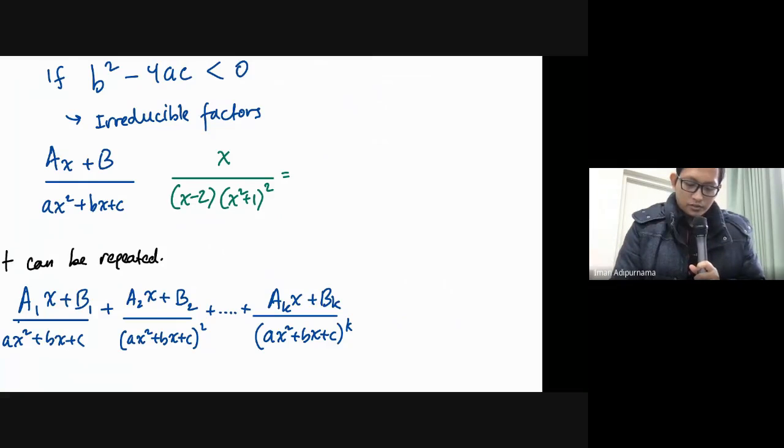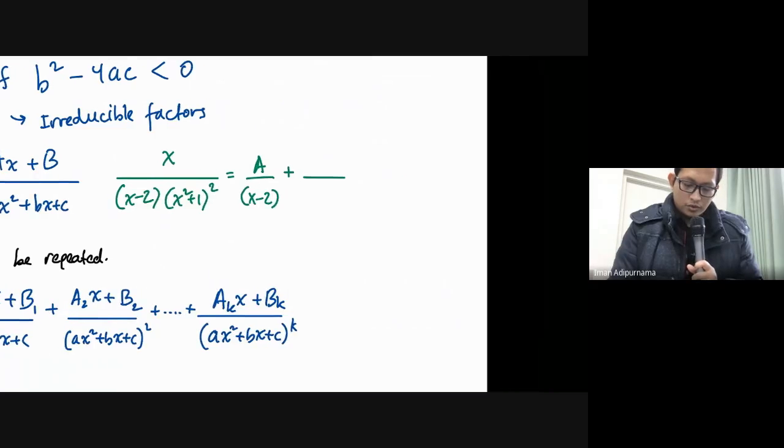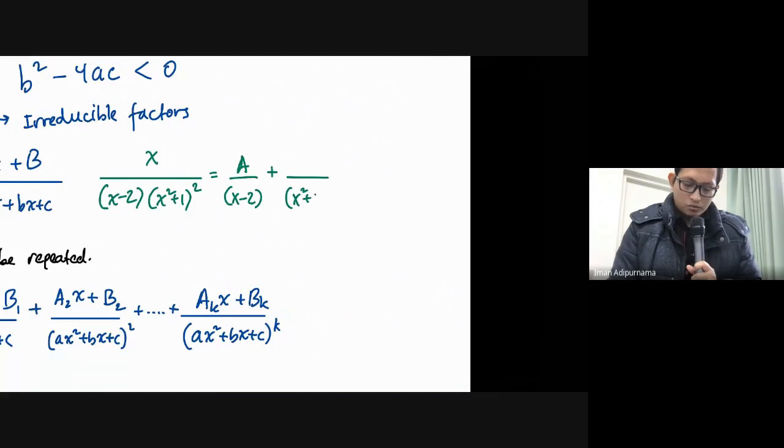So you can write down x minus 2, and then you will have x squared plus 1, and then plus x squared plus 1 squared. And this part will be bx plus c and dx plus e.